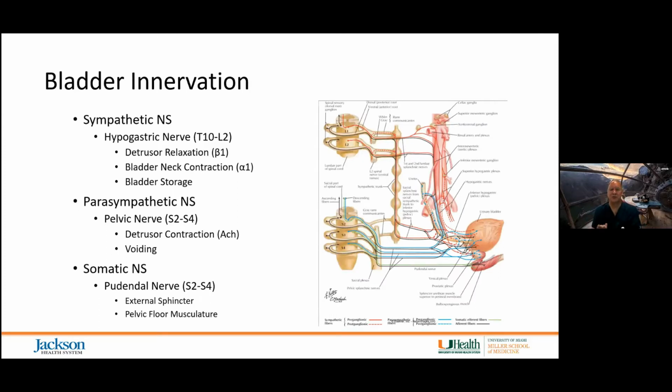So in order to fully understand this, we need to step back for a moment and recognize the bladder innervation. And I'm going to start down at the bottom of this, the somatic nervous system, which provides efferent information. S2, S3, and S4 provide inputs to the pudendal nerve and controls the external sphincter and the pelvic floor musculature.